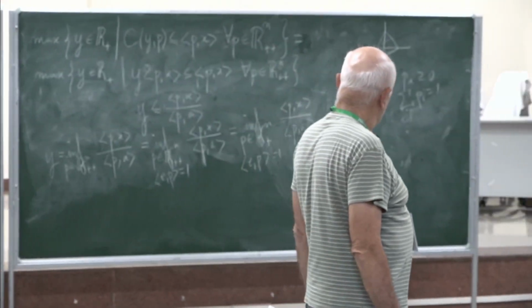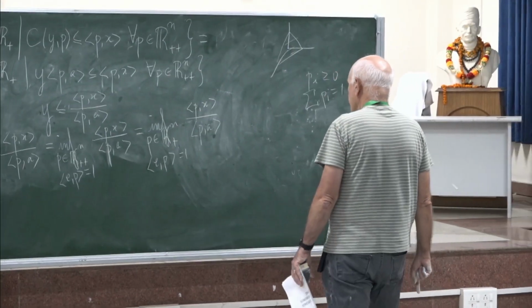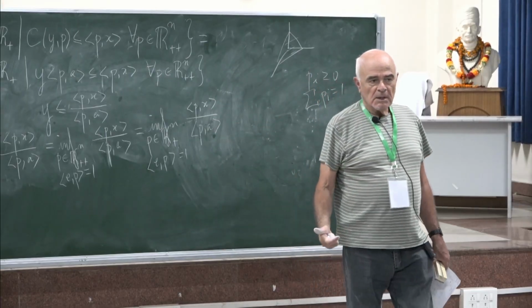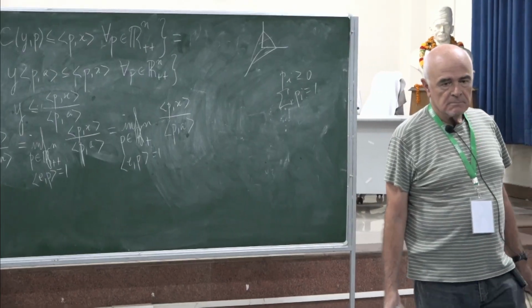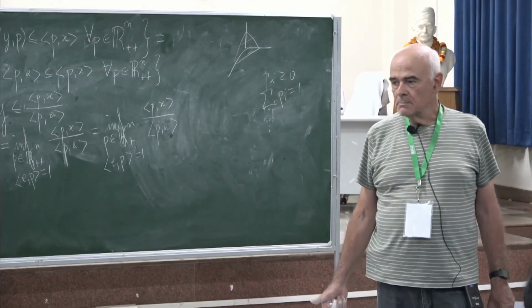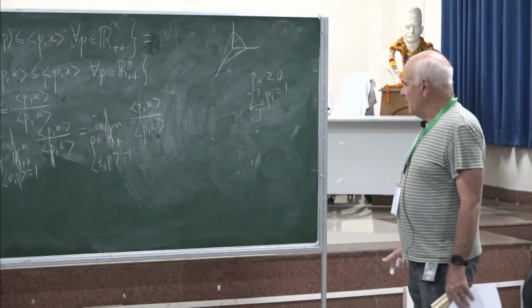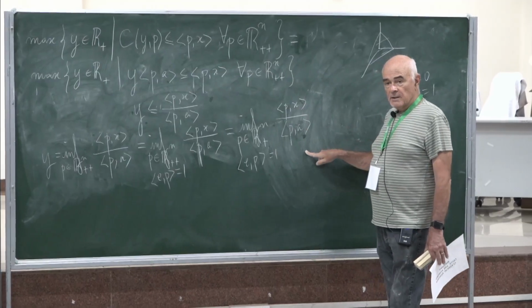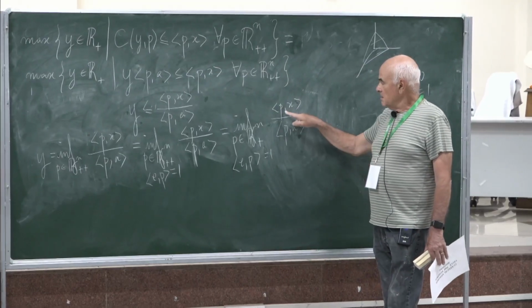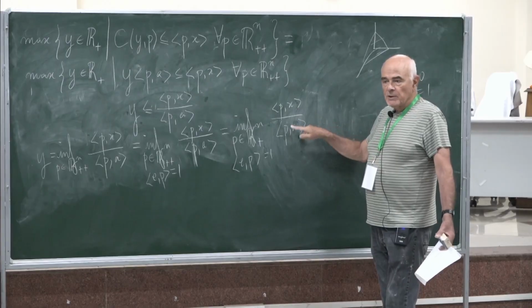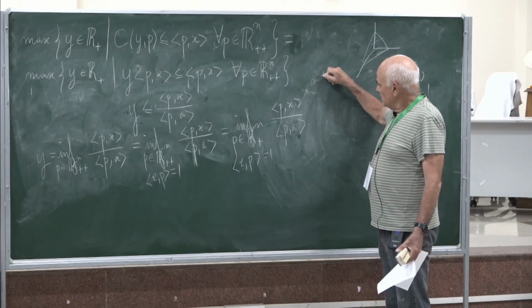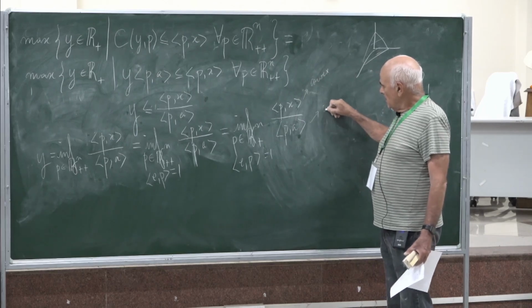But what do we know about this objective function? Does it have any nice property? Linear over linear. That's fantastic. Convex, concave, whatever you like. But I like here convex, and I like here concave.